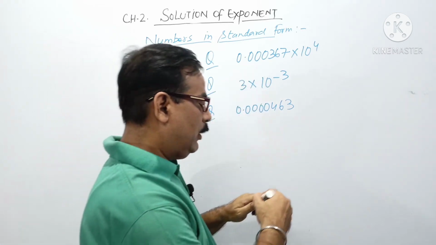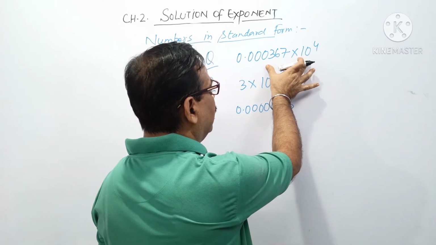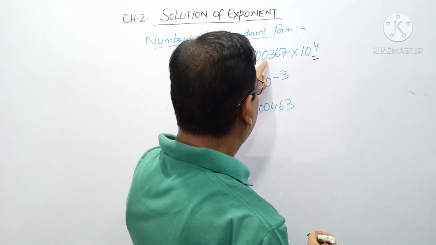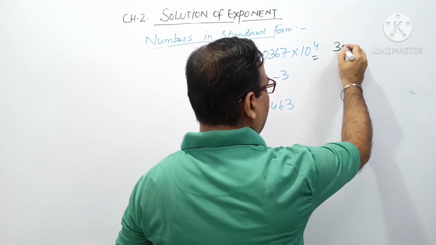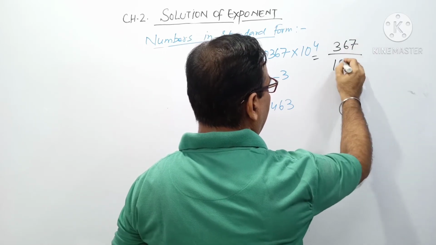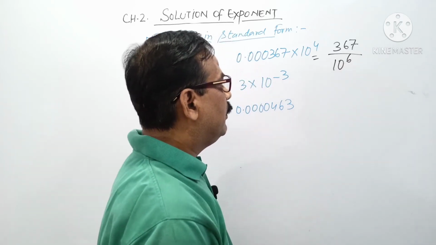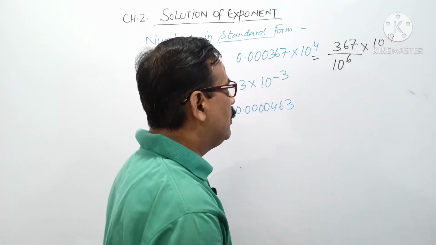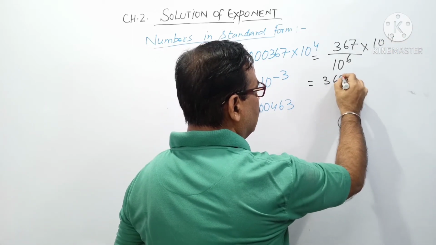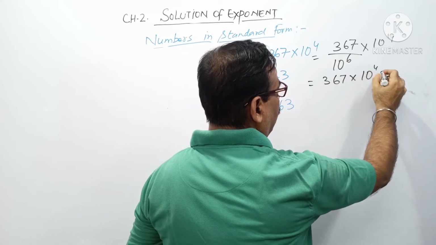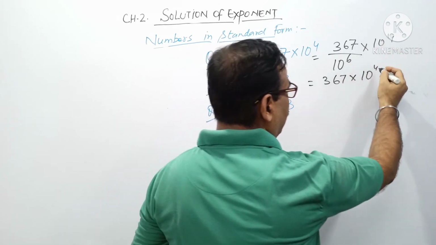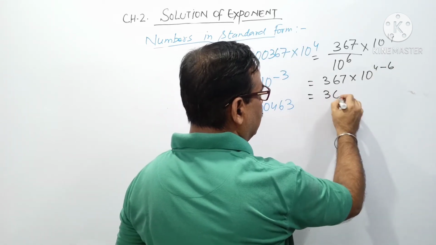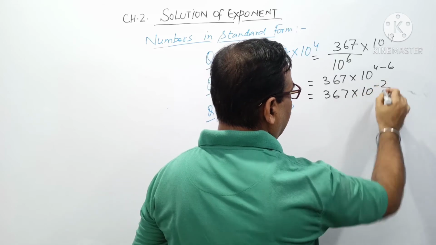Here a very small number is given, so we write it as 367 into 10 to the power minus 6, into 10 to the power 4. When we solve this, 367 into 10 to the power 4, and this goes up to the numerator, so we take the power as minus, and we get 367 into 10 to the power minus 2.